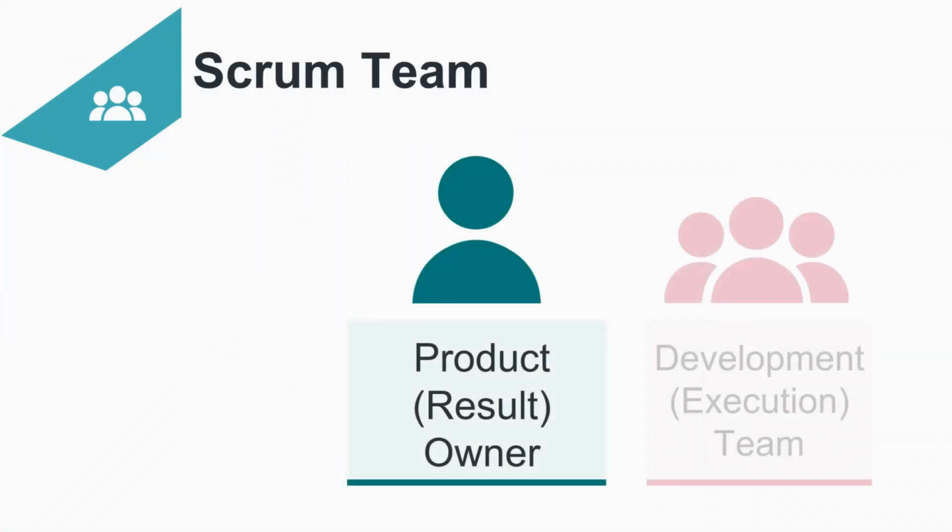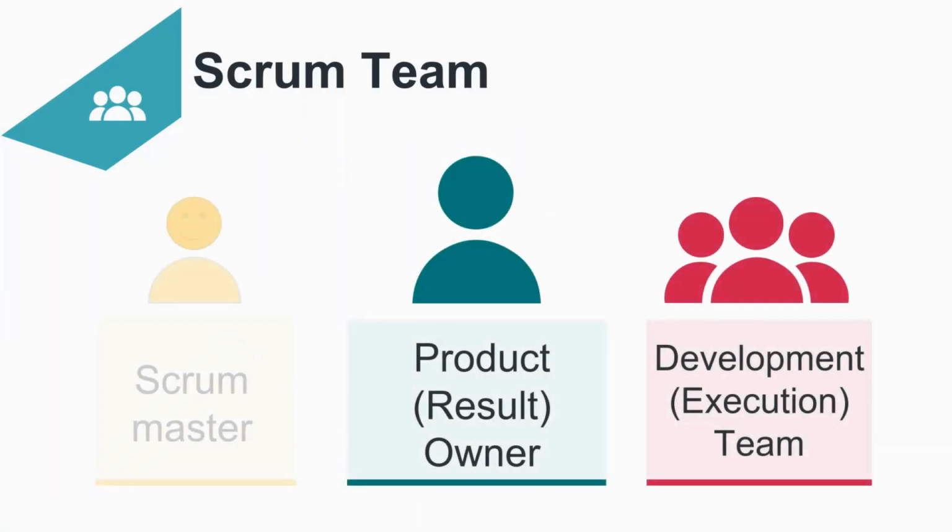Scrum team. A Scrum team consists of product owner, development team, Scrum master. Scrum master is a Scrum evangelist and coach. This person is a servant leader for the Scrum team. Product owner is the official term. In other words, this person is the owner of the result produced by the team.